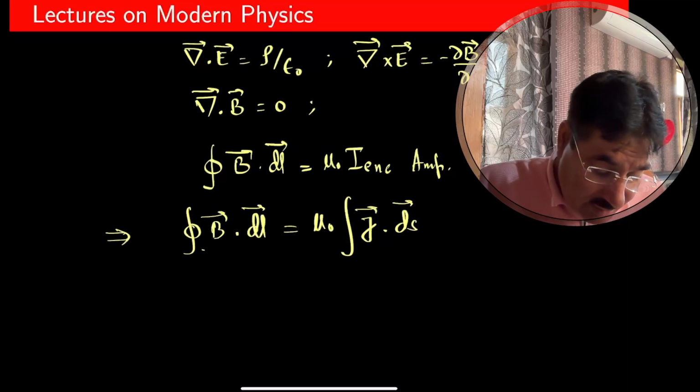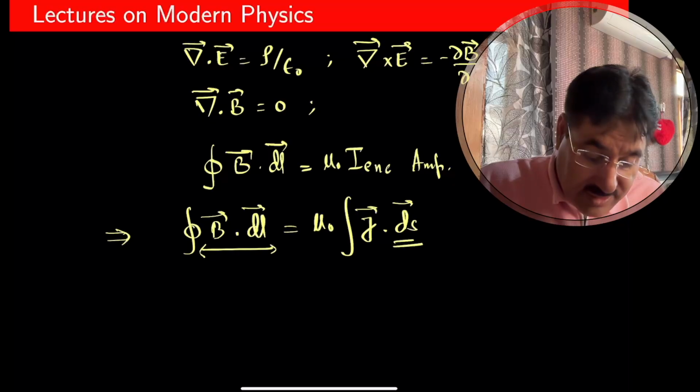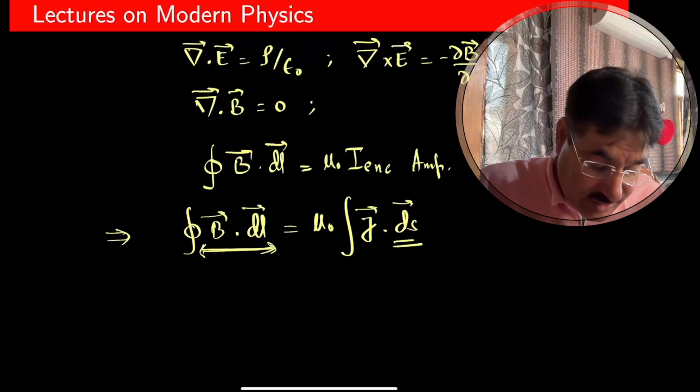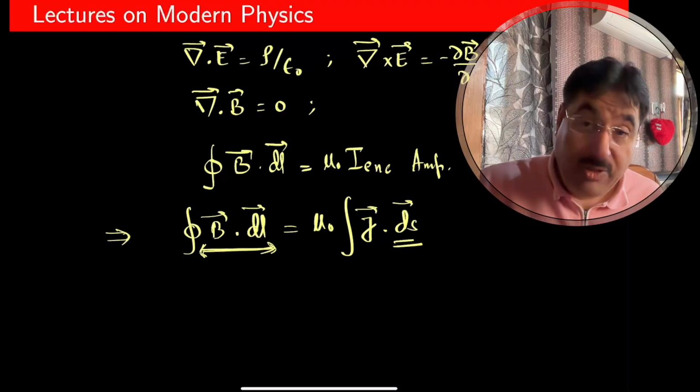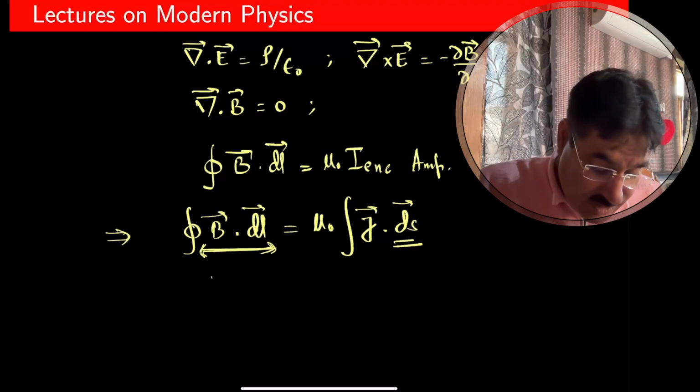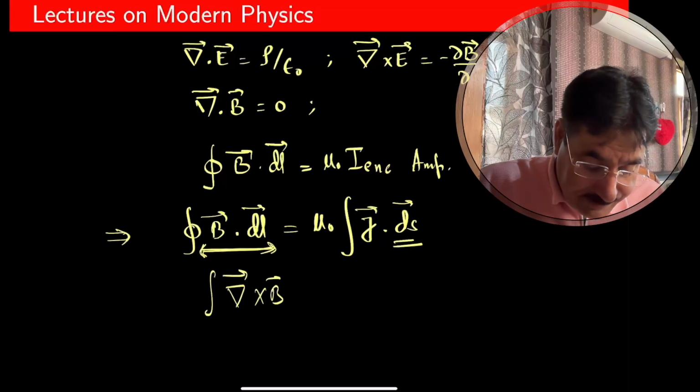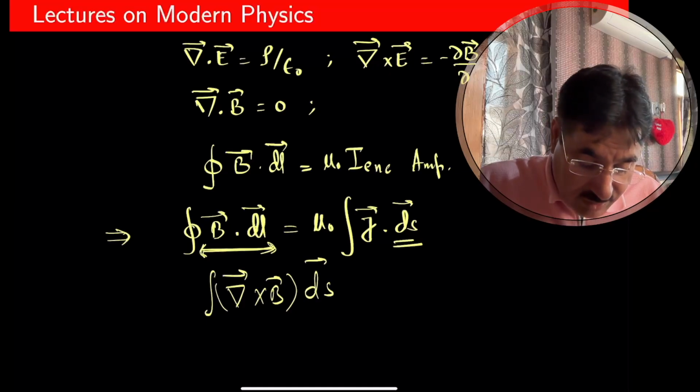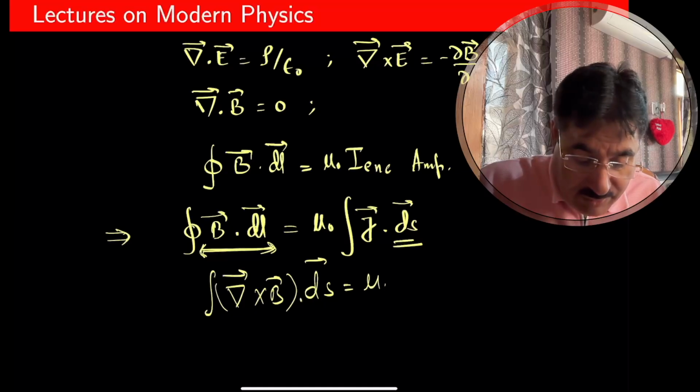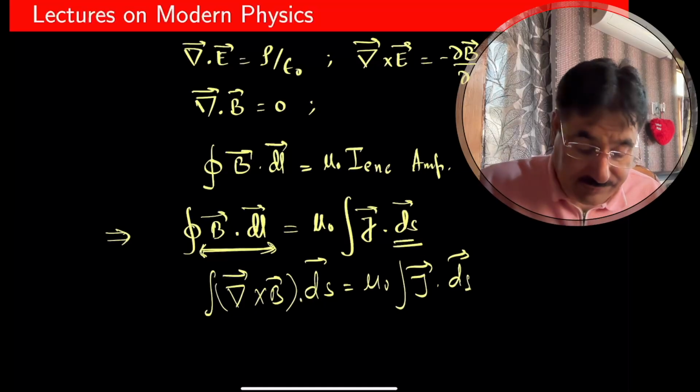Now I can convert this into a surface integral, again by using Stokes' theorem. So I can write curl of B over the surface that is bound by the loop equal to mu naught integral J dot dS.